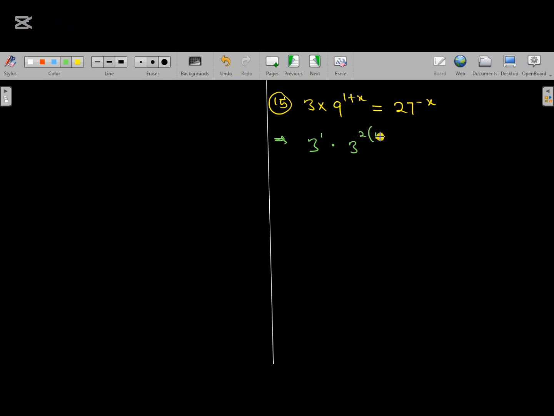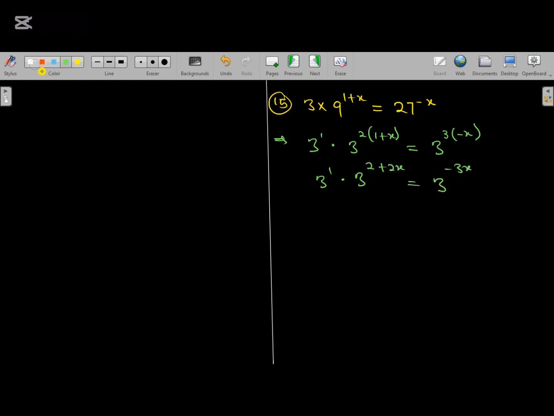And that 2 will multiply the existing power, which is equal to 3 to the power of 3, which will also multiply the existing power. All right, and that's going to give me, so here I can try to open my brackets. So here I will have 2 plus 2x.